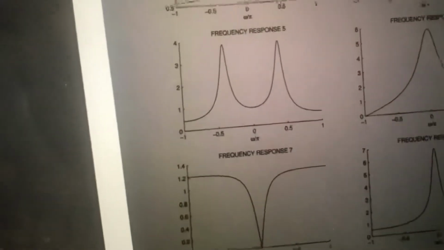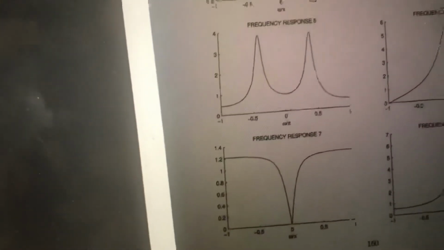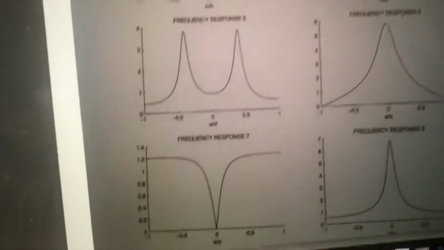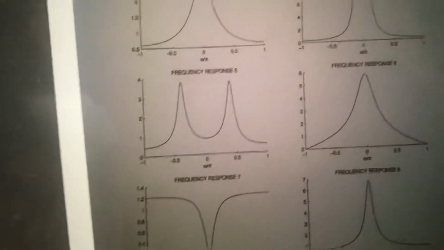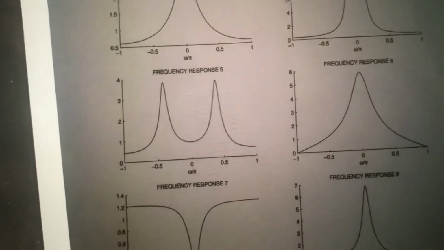Finally, we only have Z1, Z4, and F6 and F7. We can see from frequency response 6 that it is a pole when omega equals 0, and when omega equals pi, F6 has a 0 point.